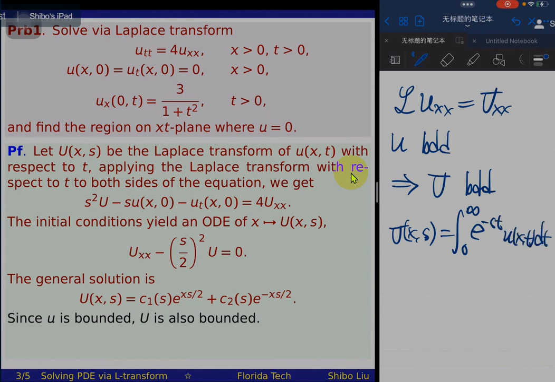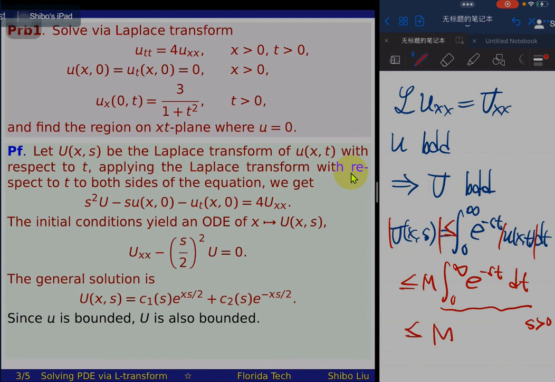If you take the absolute value, this will not be greater than the bound of small u times this integral, because the exponential is always non-negative. But this integral converges for s greater than 0. Therefore, this is bounded by another constant. This constant does not depend on x. So this means that capital U is bounded as a function of x.